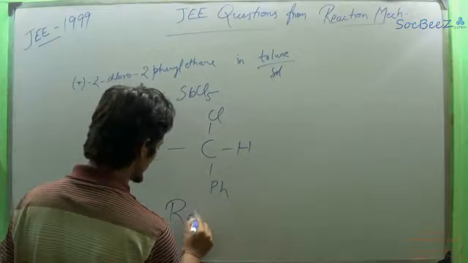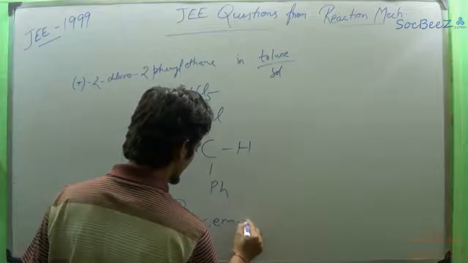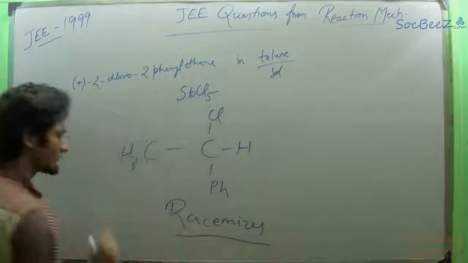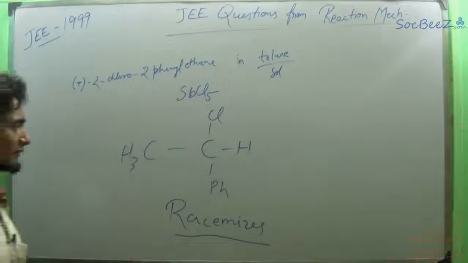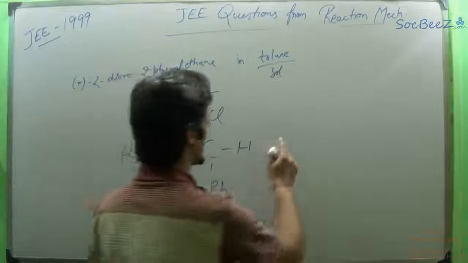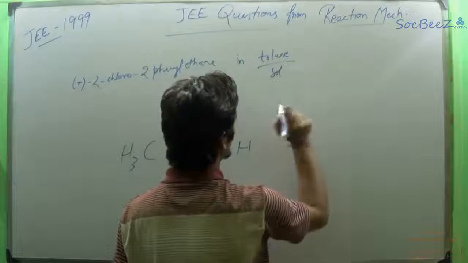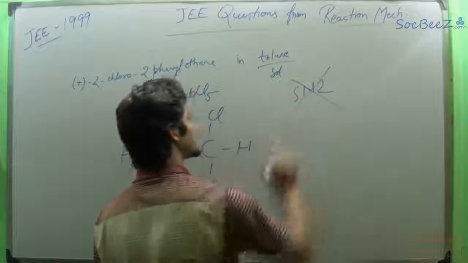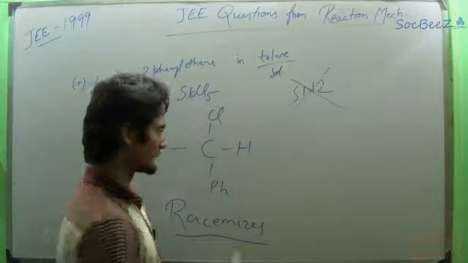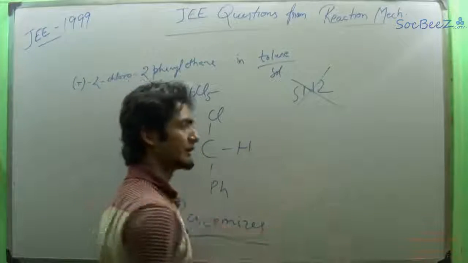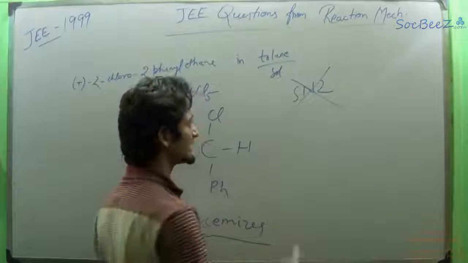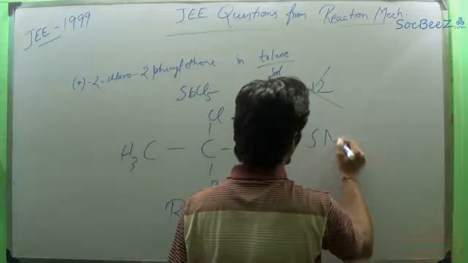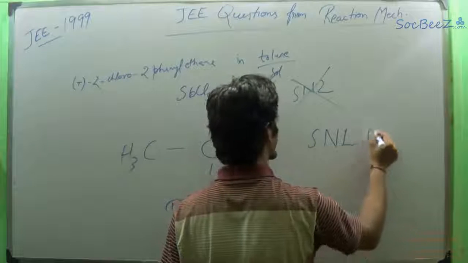It is given in the question that it racemizes. As soon as this word comes, it is understood that we cannot have SN2, because SN2 is a stereospecific reaction, and if it racemizes, it cannot undergo the SN2 mechanism. It has to undergo the SN1 mechanism.